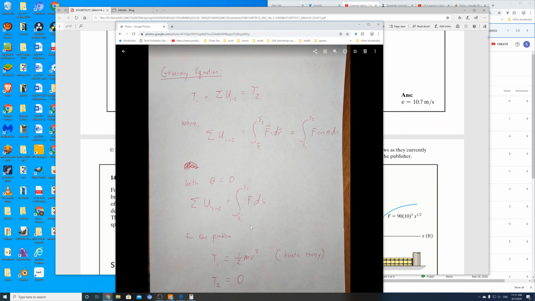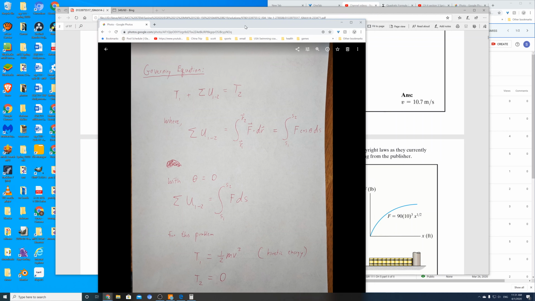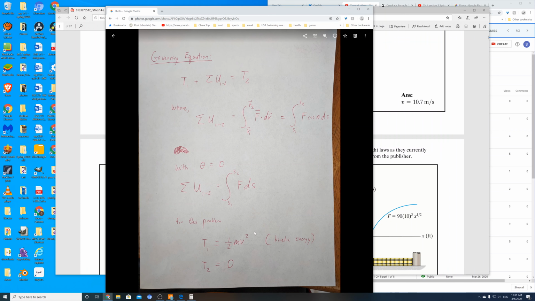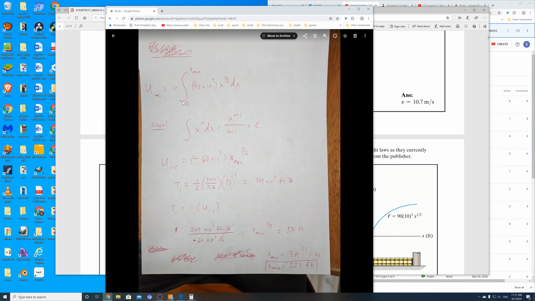All right. For this problem, we have some initial kinetic energy, and here's our equation for kinetic energy, initially, and our final kinetic energy. Let me continue here. If I substitute in, here's my initial displacement of the barrier, which was 0, out to its maximum displacement.